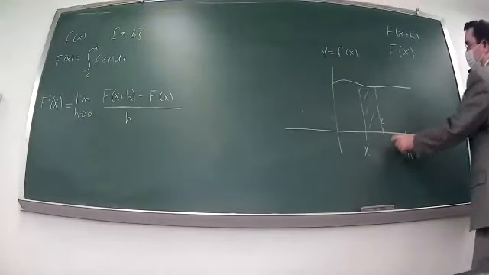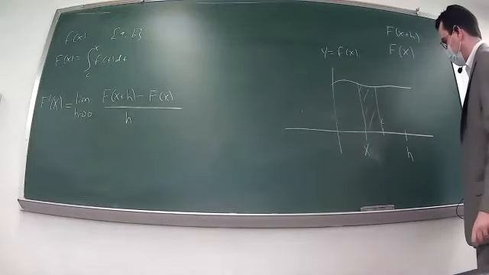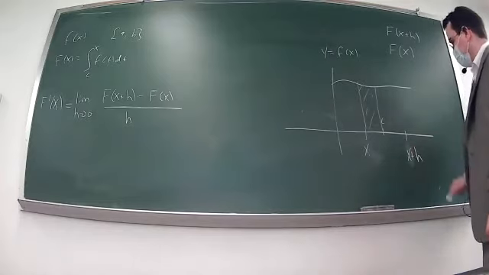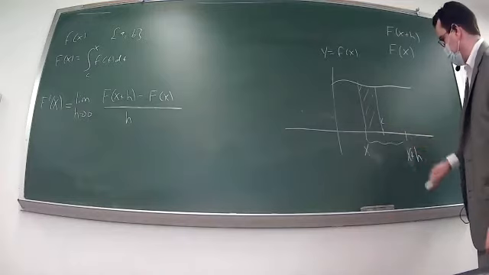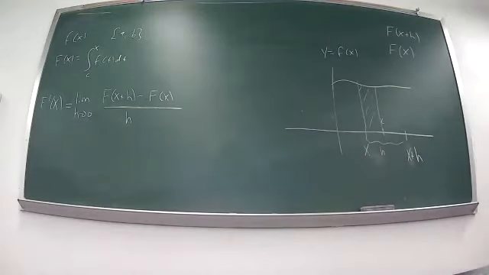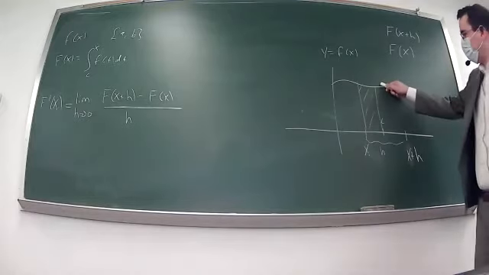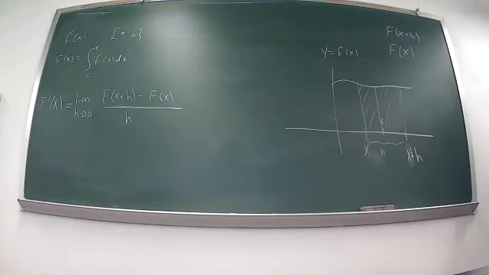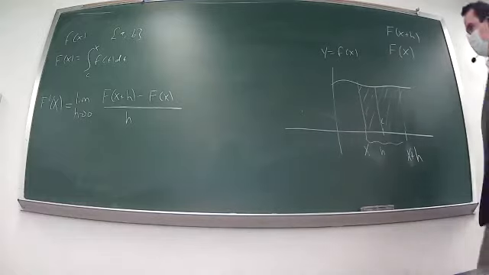And for capital F of x plus h, what I should do is label this x plus h, and you should think of this distance between them as a small number h. It's a little bit more natural way to think about this. Capital F of x plus h would therefore be the area under the curve from C to x plus h.